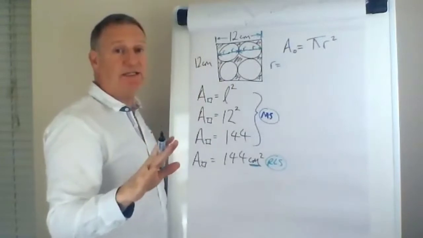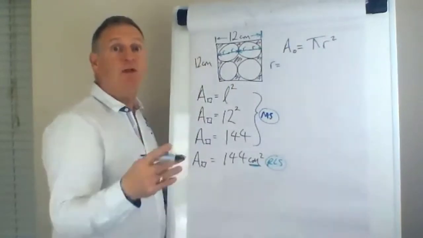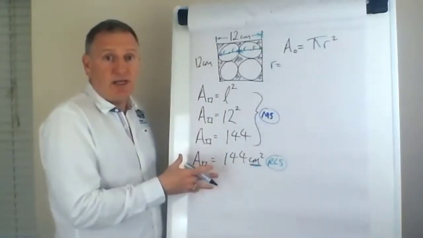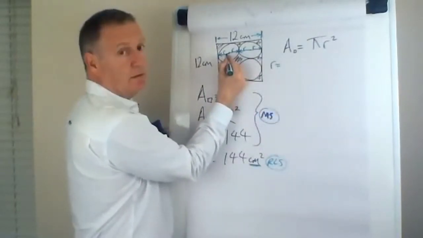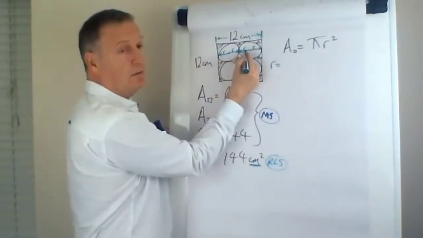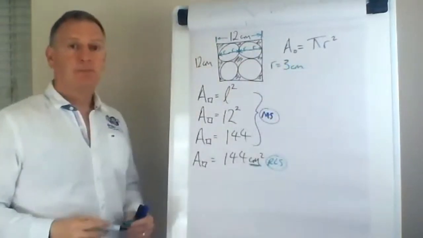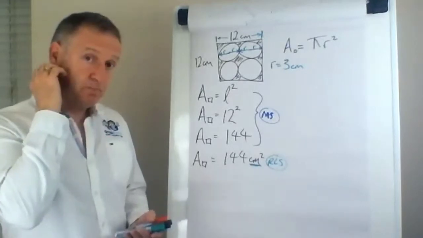Whilst 4 is a good idea, it's a bit too big, because it doesn't make 12. So you've adjusted it. Try 3. 3, 6, 9, 12. So it's 12 from 4 radii. So each radius is then 3 centimetres.